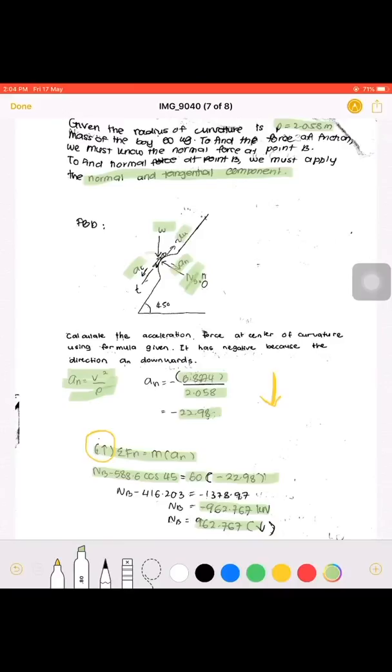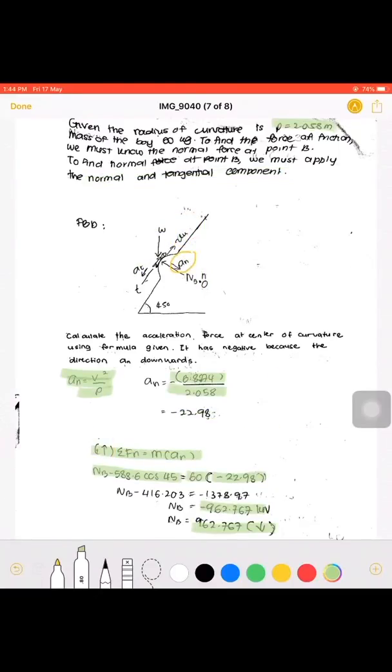Why did we not use the summation Ft equal to m AT in this calculation? Because if we use summation Ft equal to m AT, we can use the friction, but we have two unknowns. So using summation Fn equal to m AN is more suitable to get the answer.